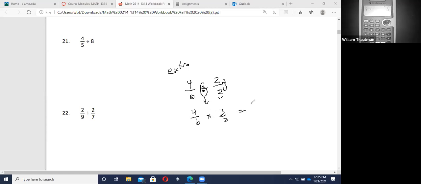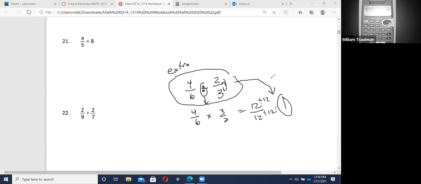Multiply the top and multiply the bottom. Oh, this is a weird one. Do you see how they both can be divided by the same number? You can divide them both by 2, or you can divide them both by 12 since they're both 12. And then you reduce. The answer is 1 over 1, or 1. If you put this in the calculator, it does all the work and reducing it for you. So you only reduce it when the top and bottom can be divided by the same number, any number.